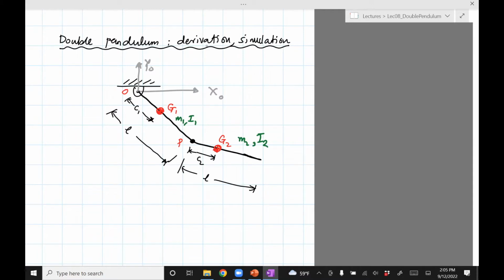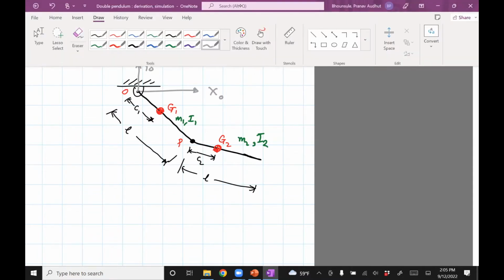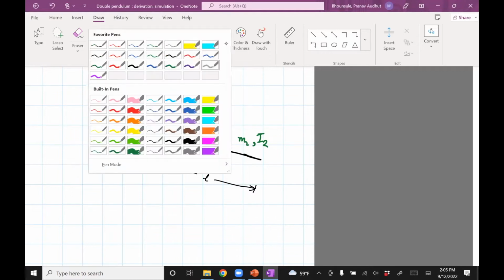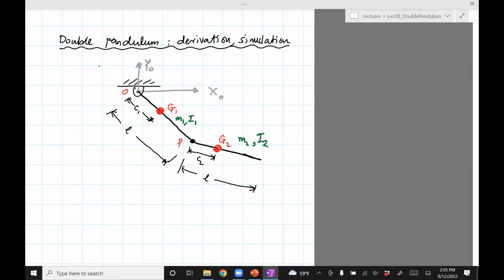Okay, now I'll specify axes for each of those links. So 2 links, 2 axes. Okay, x2, y2, x1, y1 for each of the links.